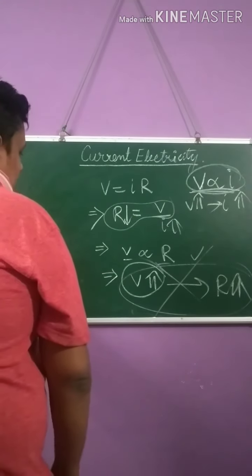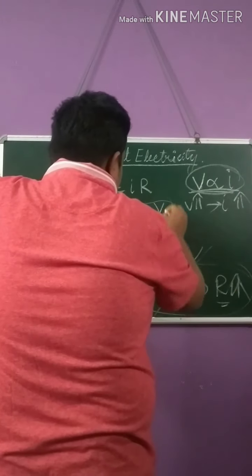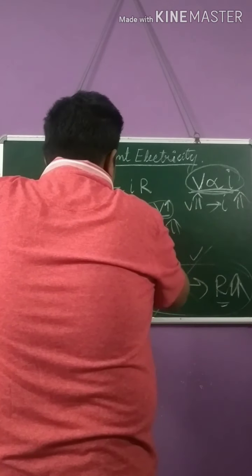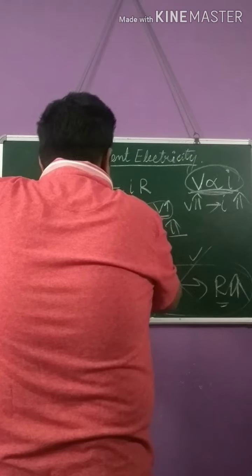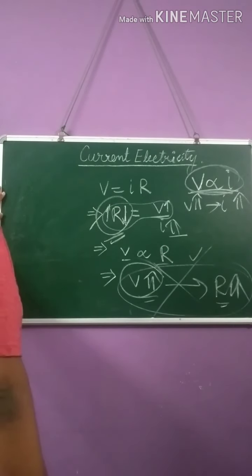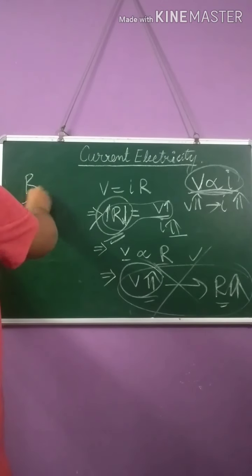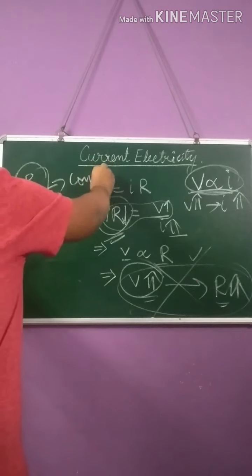For increasing potential difference it had to increase, but current also increases so it should decrease, and this effect is nullified. So the resistance remains the same. In other words, resistance is just a proportionality constant we have defined.